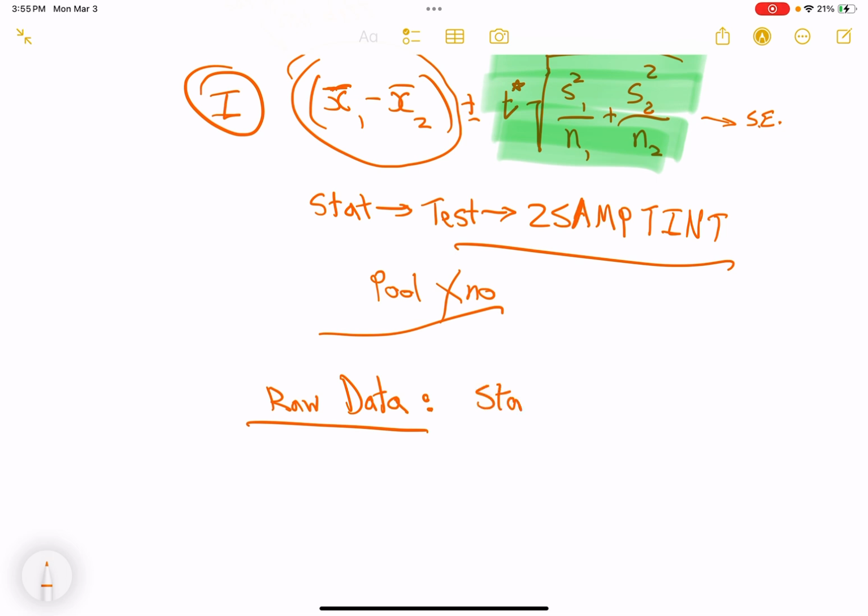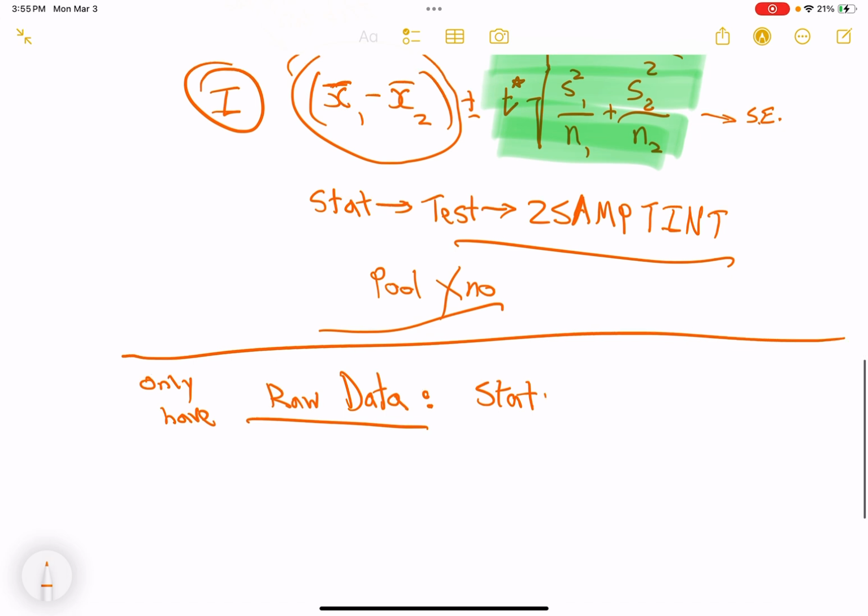So this is in the situation where you only have the raw data, right? You only have the two samples' raw data. You'll click stat. Don't go over to test. You'll click edit, which is the first option under stat, okay? That will take you to L1 and L2. Just put the data in and click enter after each data.